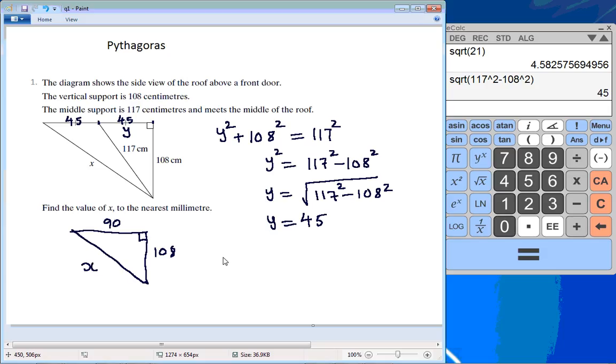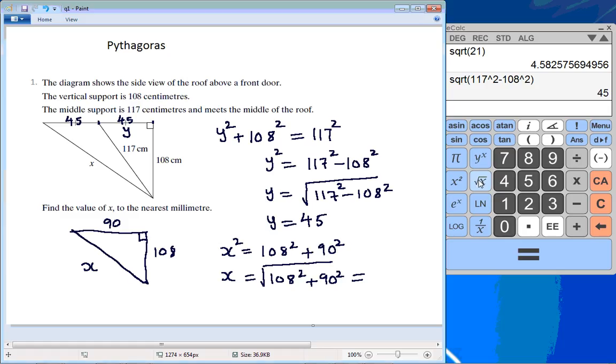So the formula is going to be x squared equal to 108 squared plus 90 squared. Then to find x, we have to take the square root. So it's the square root of 108 squared plus 90 squared.